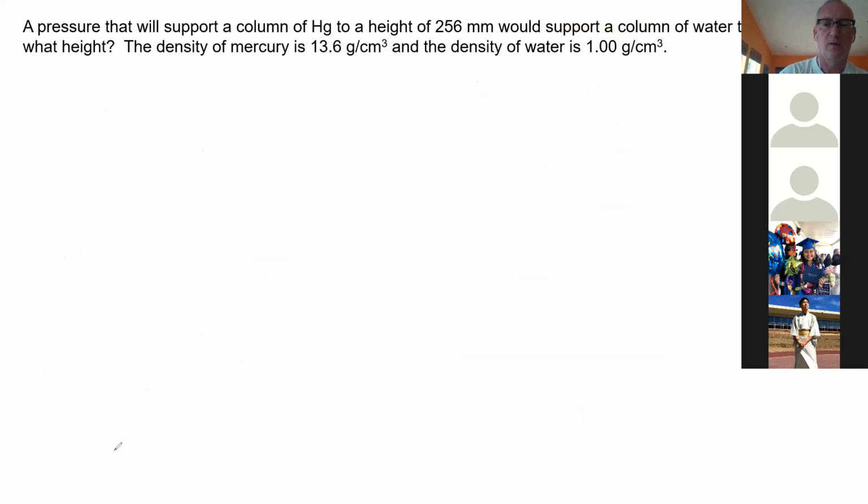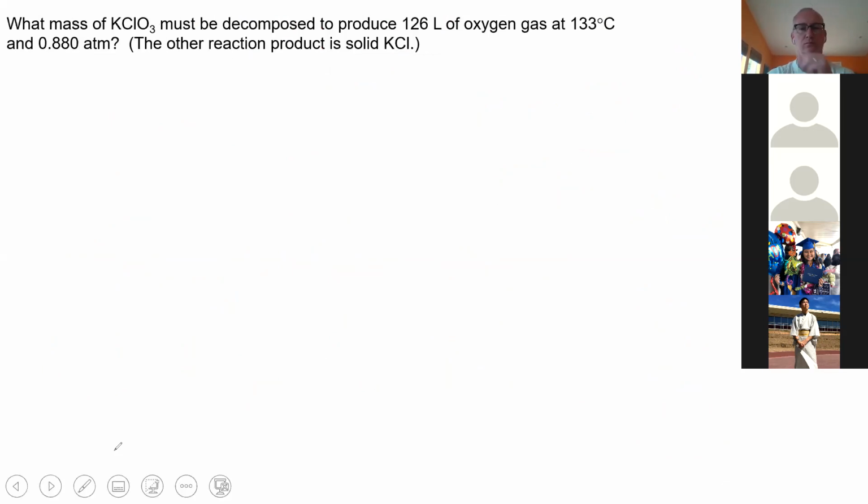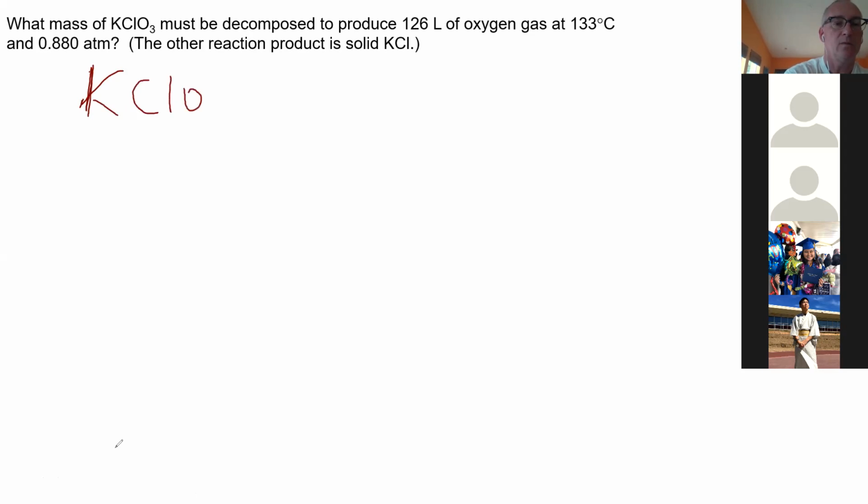What mass of KClO3 must be decomposed to produce something? No, that is a stoichiometry problem instead of a gas laws problem. The first thing we need to do with this one is write out a balanced equation. So I've got potassium chlorate, a solid.